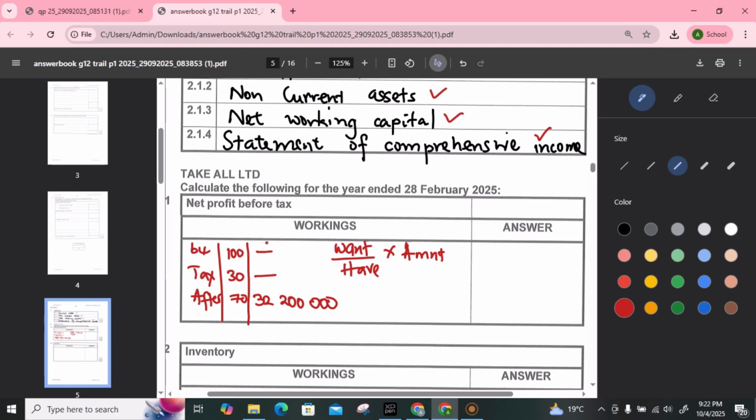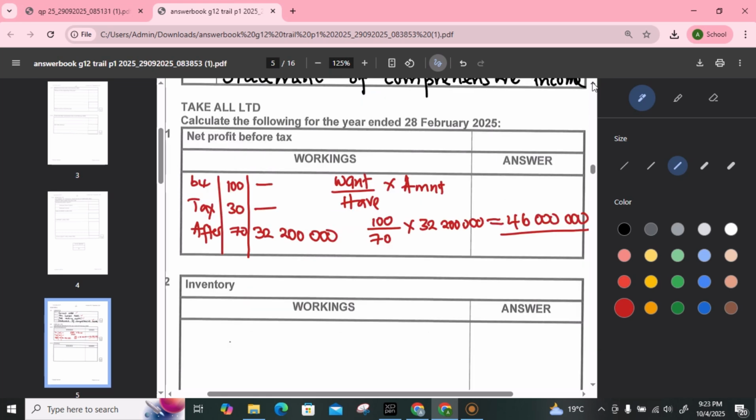So we want to get before, that will be 100, over what we have, that will be 70, cross multiply by 32,200,000. And our final answer is going to be 46 million rand. Alright, that is question 2.2.1, where the examiner is asking us to calculate net profit before tax. And these are the calculations. You would walk away with 2 marks.